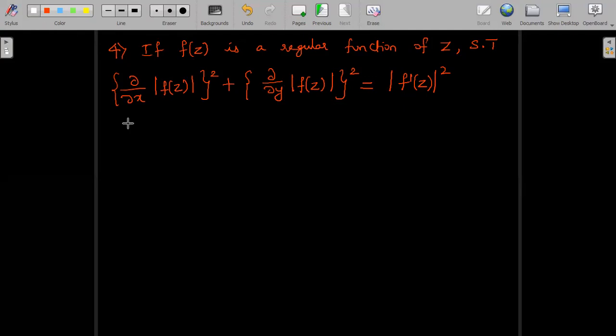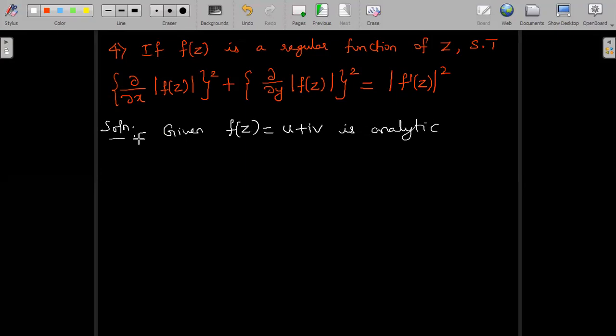The proof is almost similar to the previous one, just that in the beginning there are small changes. Very firstly, given f of z is equal to u plus iv is analytic.